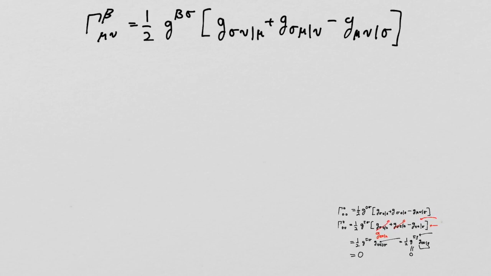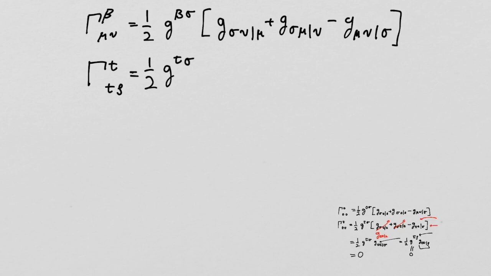And let's look at a different one. Obviously a lot of things are going to be 0 given the strict rules of all this, but let's look at one that actually isn't 0. Γ^t_tρ, right? That is not going to be 0. So we have 1/2 g^tσ. Now our β comes in at t.